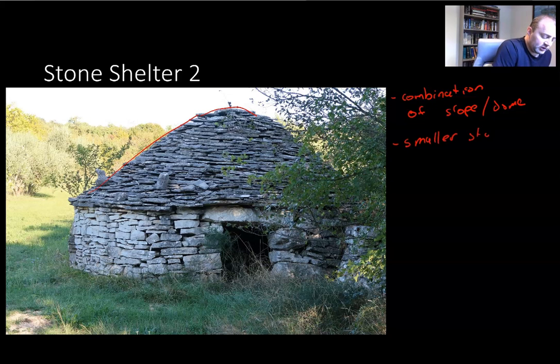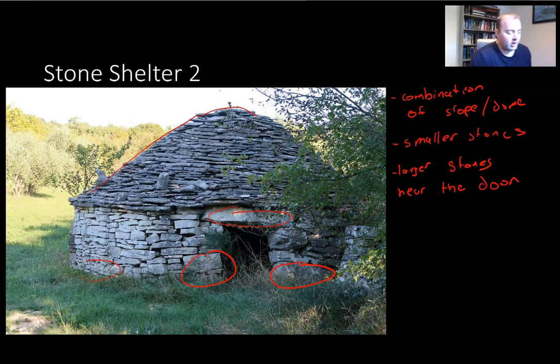Now, it is worth noticing that there are bigger stones, like this one, maybe not so much over here. We do have a bigger stone right here as well. So we do have larger stones near the door.